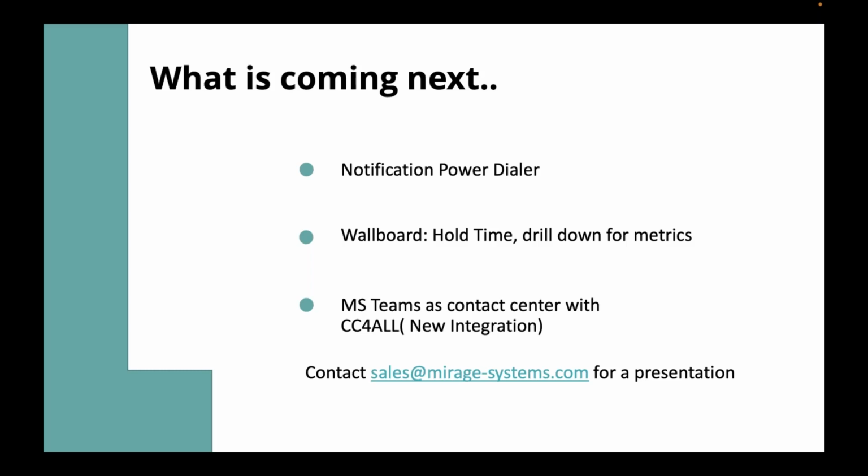And the Wallboard gets an option to get a detailed view on a parameter. For example, if you click on the ring time, after that you can see all the agents with calls in ring status. And we will have Microsoft Teams as a contact center, which will be possible with the new CC for All integration. So that's some of the new features in the future.